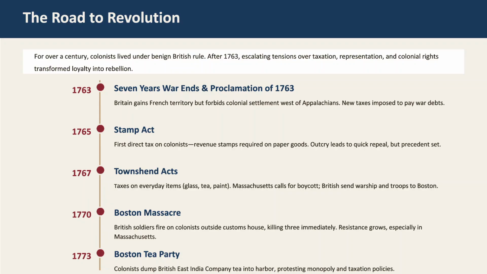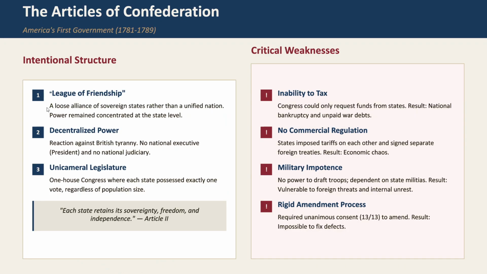Their argument was that only elected officials, the elected assemblies that they chose, had the right to tax them, and not Britain or Parliament across the Atlantic Ocean. So they decided to declare independence from Great Britain.